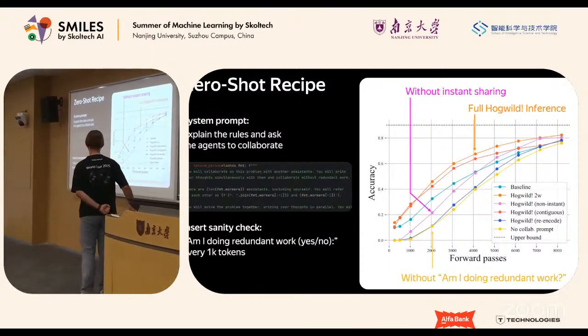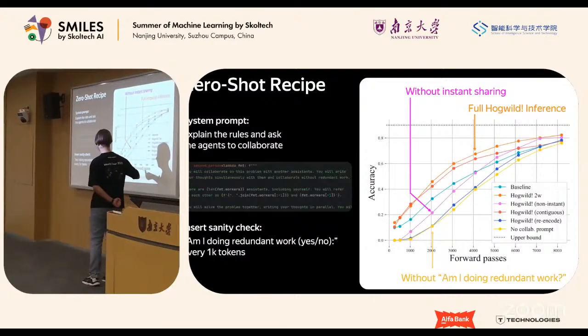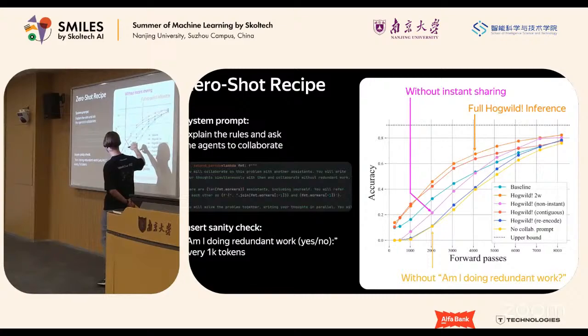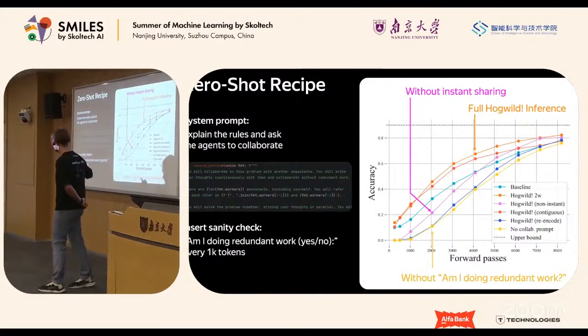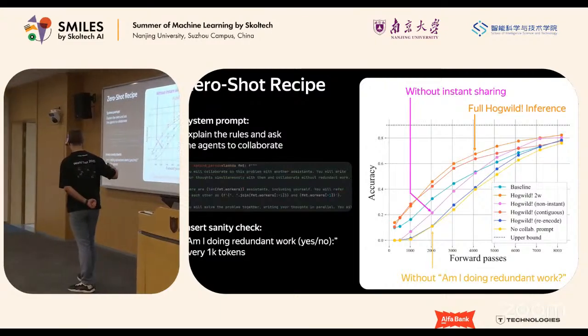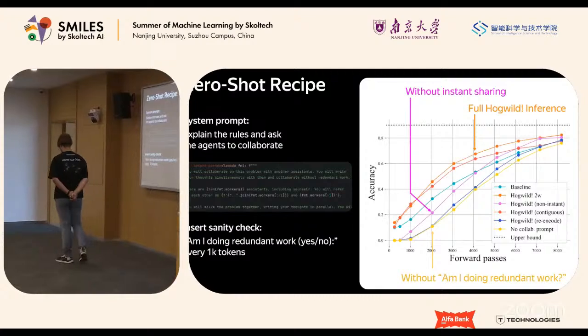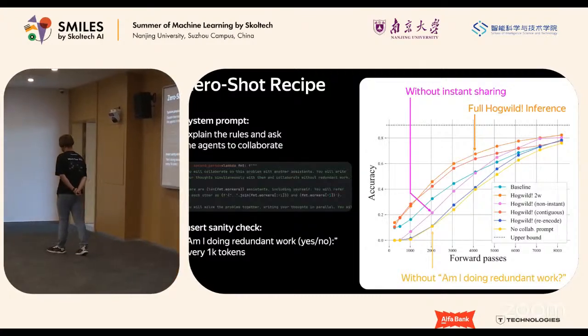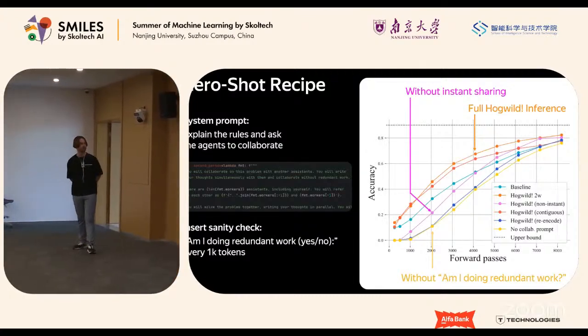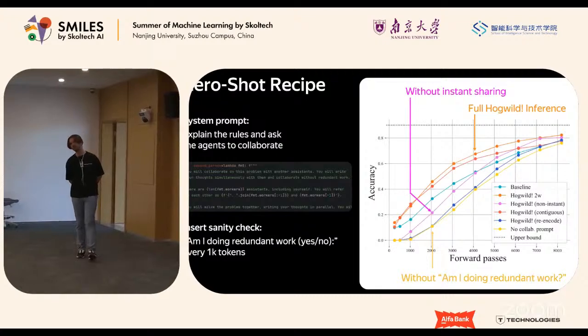That means that if you want to achieve the same accuracy with less budget, you choose the higher curve. That means we can achieve higher accuracies with fewer forward passes, and that is a proxy metric for how efficient our LLM agent is.